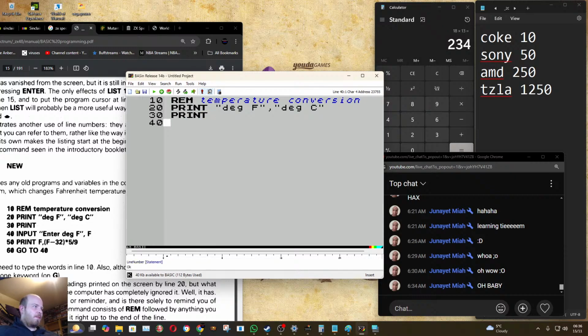And then 40, input, enter, deg F, F. Right? 50, print F. And it's got to show F as F minus 32 times 5/9.